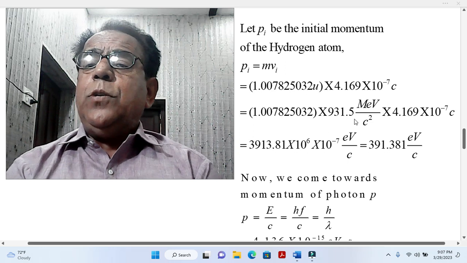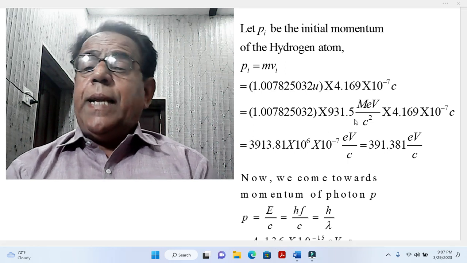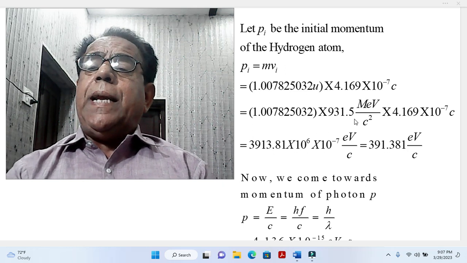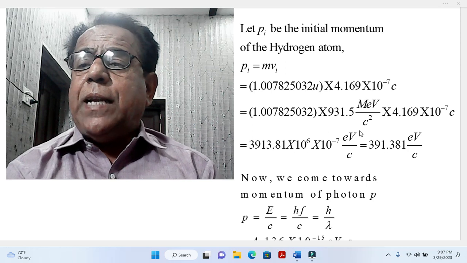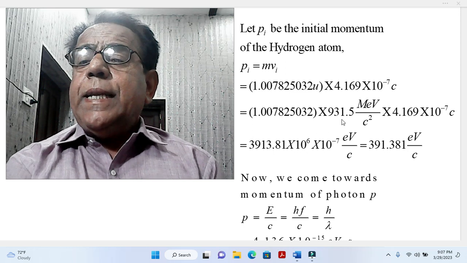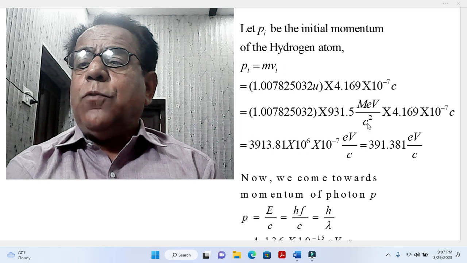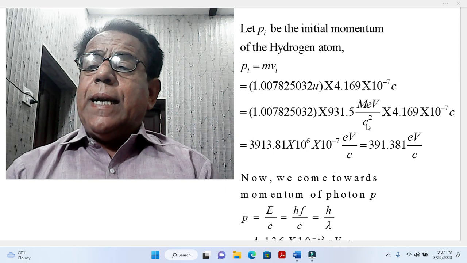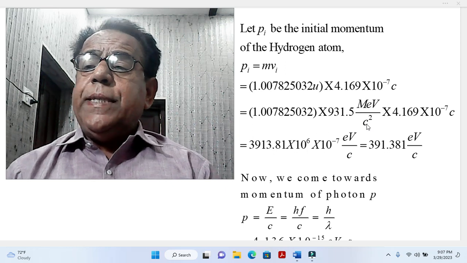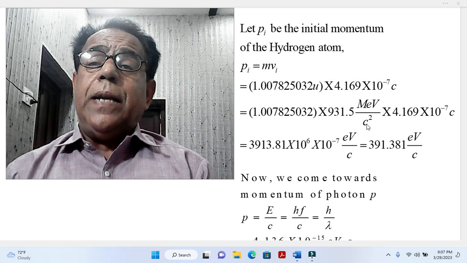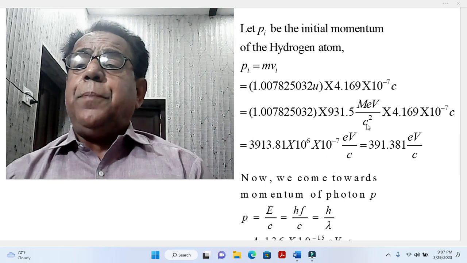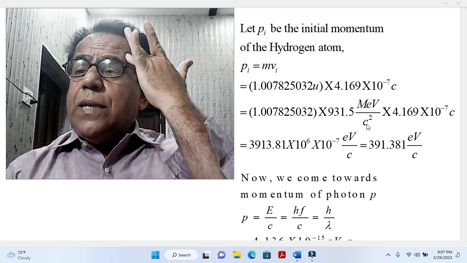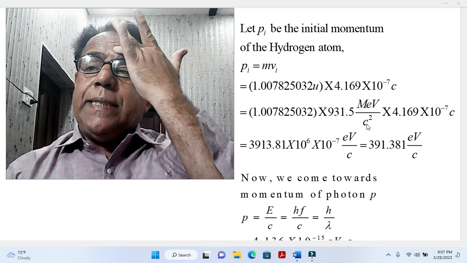Okay, next what we will do? Next we will eliminate U. In place of U we will put this value, 931.5 million electron volt over c square. Dear students, a few minutes earlier I had described a value in the table where one atomic mass unit was given as 931.5 million electron volt over c square.